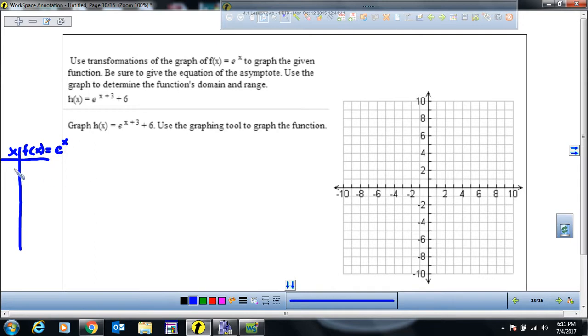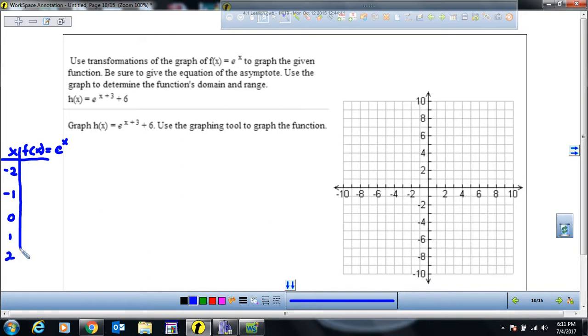Now we talked about the number e before, back in section 1.4. I mentioned its value. This is called the Euler number. So we're going to use again the same values to create the graph of it: negative 2, negative 1, 0, 1, and 2.